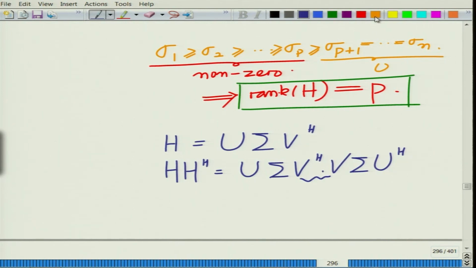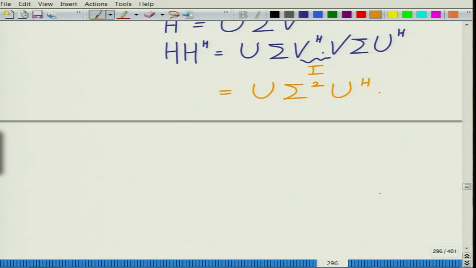V Hermitian V is equal to identity. So, this reduces to U sigma square U Hermitian. So, this implies that the ui bar are eigenvectors of H H Hermitian.